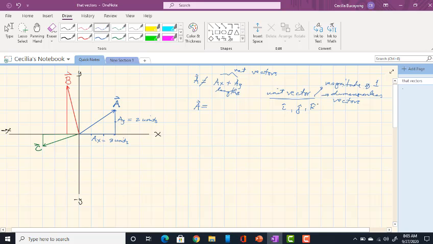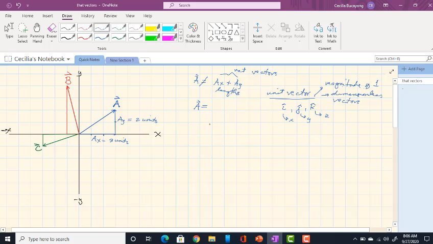And then what's the function of this unit vector? Just to give us an arbitrary direction. So commonly used directions for unit vectors are the i hat for the x-axis, the j hat for the y-axis, and the k hat for the z-axis in our three-dimensional space.